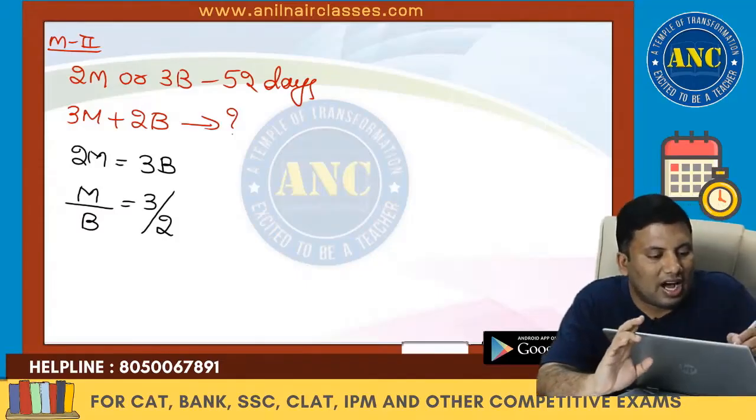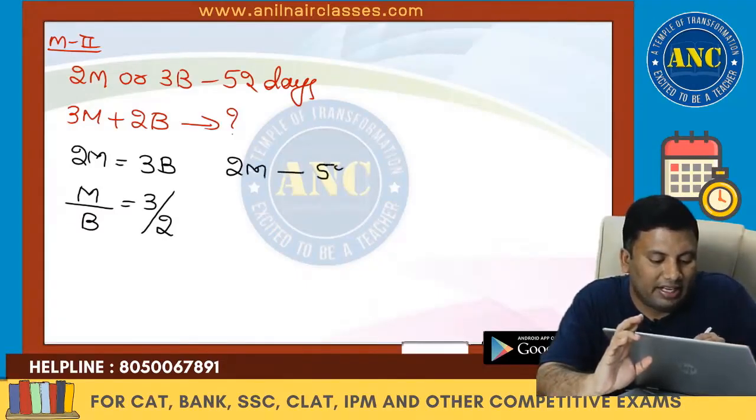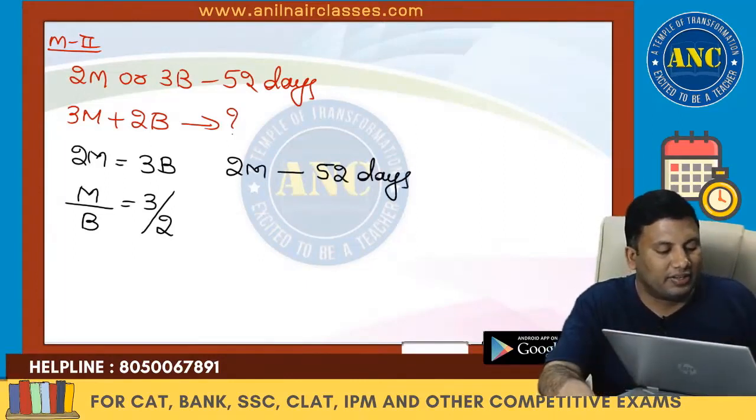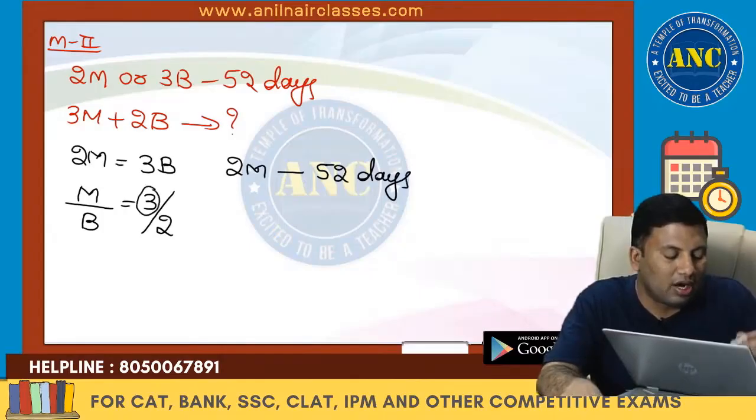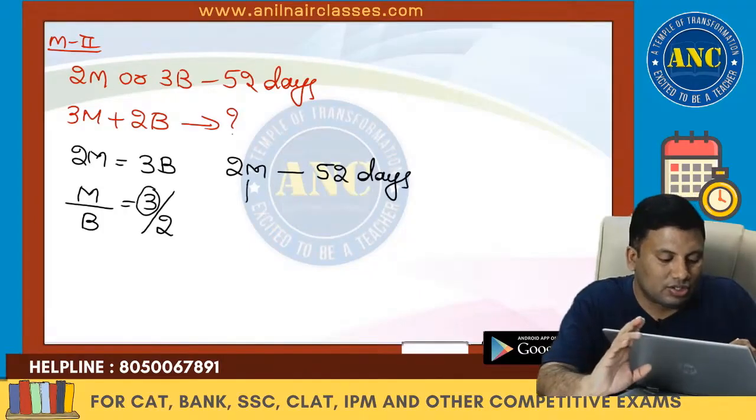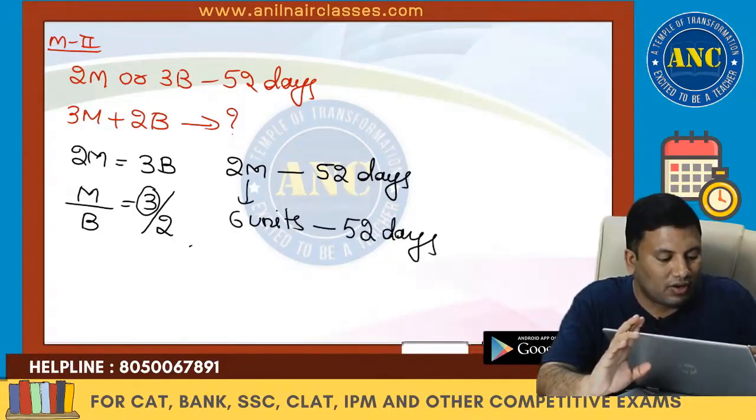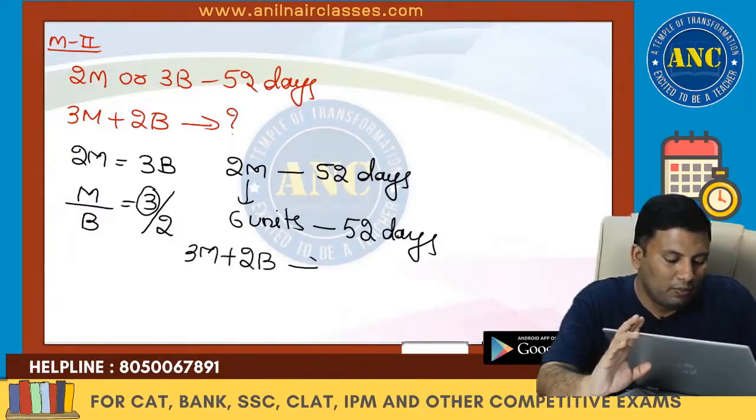So the first condition: 2 men can complete the work in 52 days. Each man is doing 3 units. 2 into 3, 6 units work can be completed in 52 days. Next, what we require: 3M plus 2B, how many days?